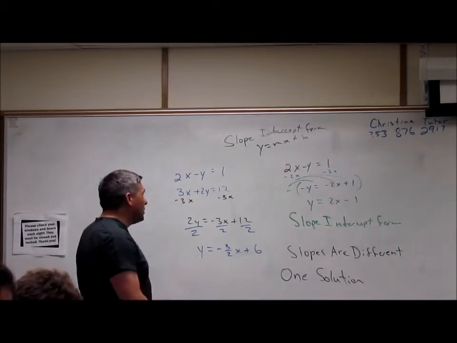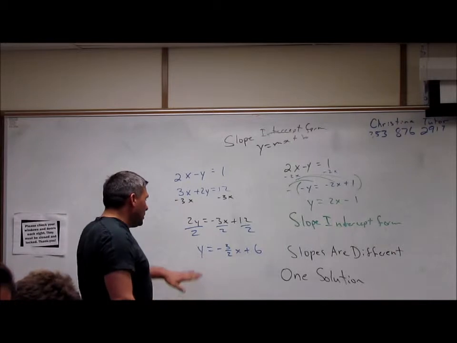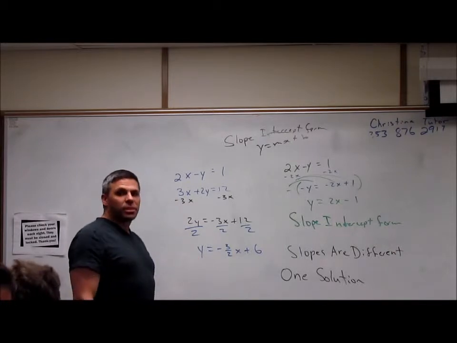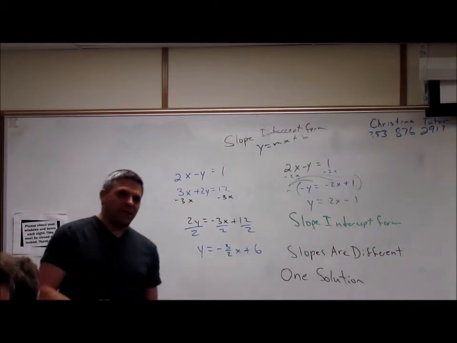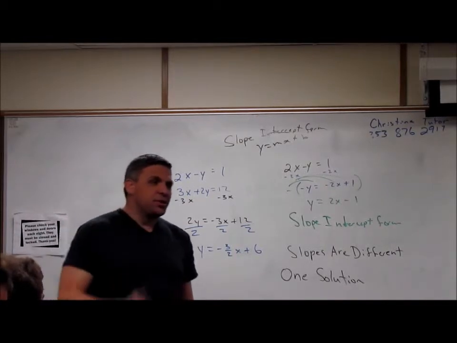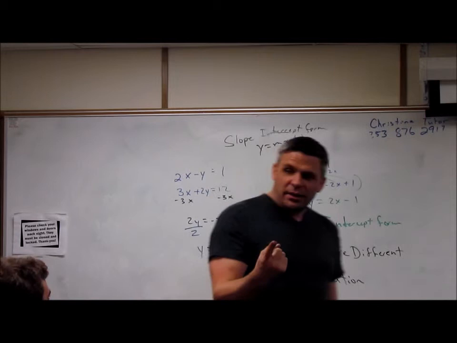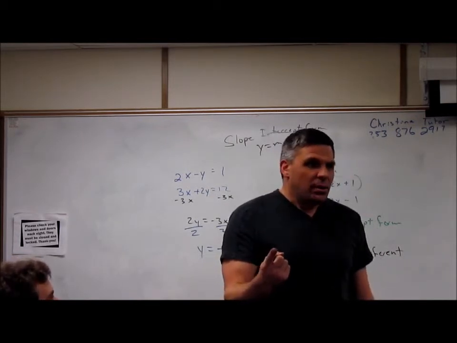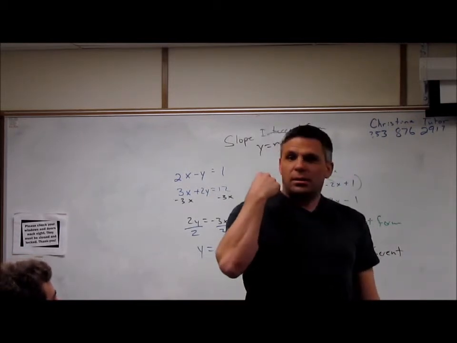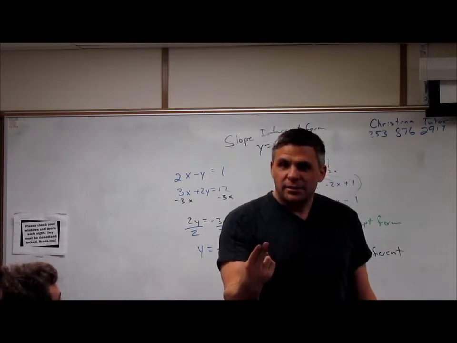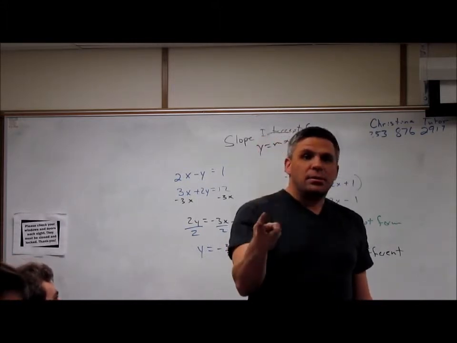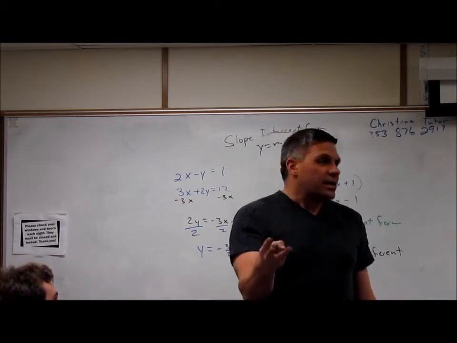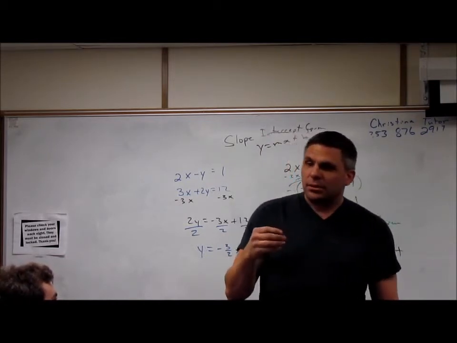So all you're doing on the bottom one, you're just trying to get y by itself again, right? That's it. What this does, when you get it in slope-intercept form, is it tells you whether they're parallel, or they're the same line, or they intersect. That's it.